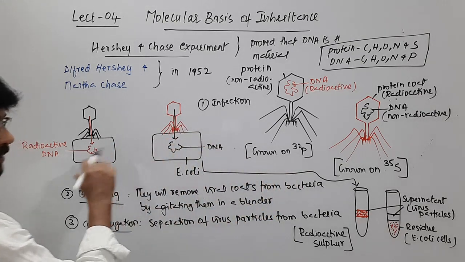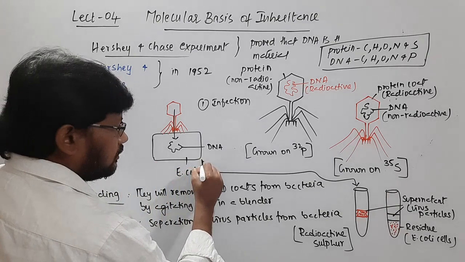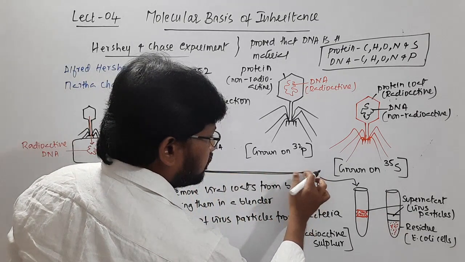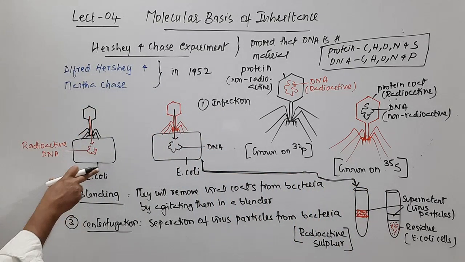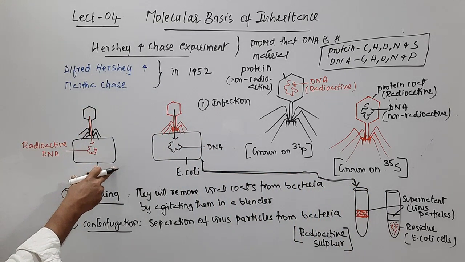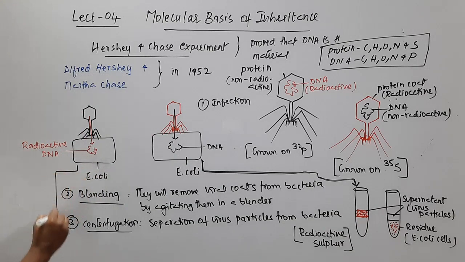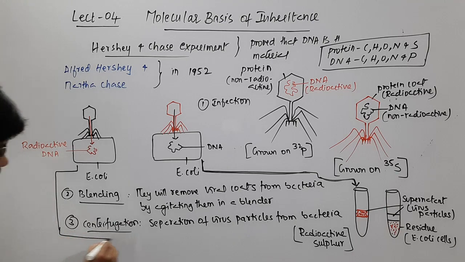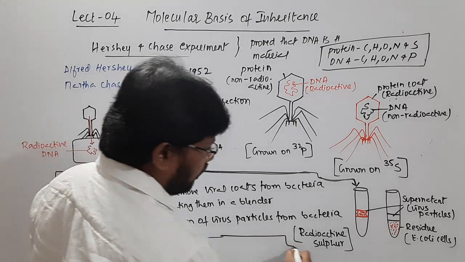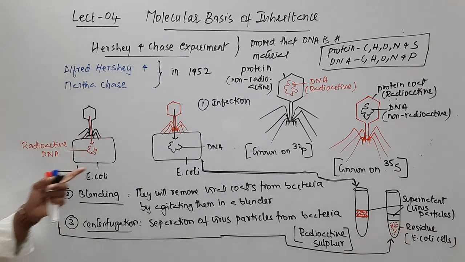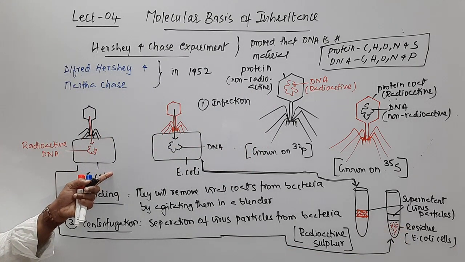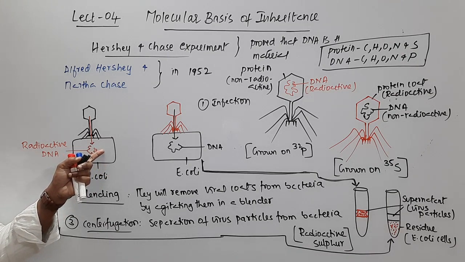Actually, I mentioned this earlier, I'm sorry. So this is the test tube for this one, and for this one I'll mention it here, in this test tube. Here the E. coli bacteria were infected with the radioactive phosphorus.